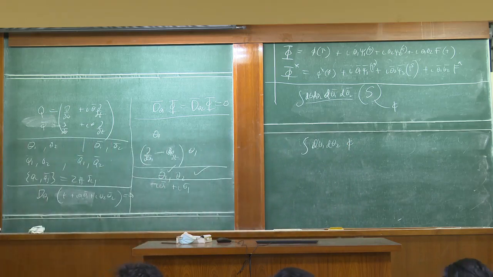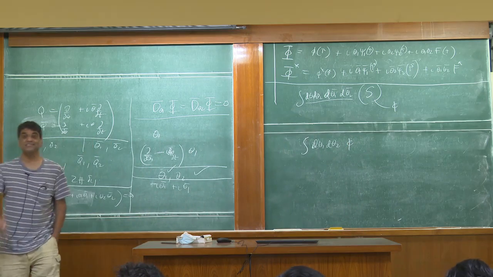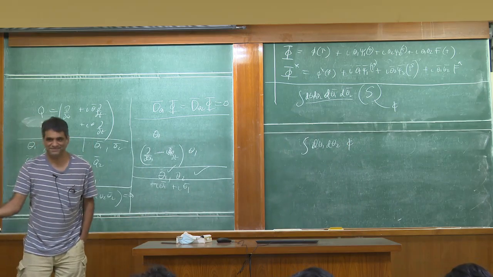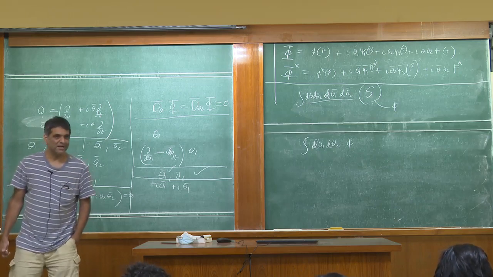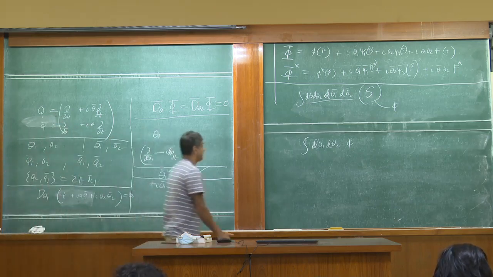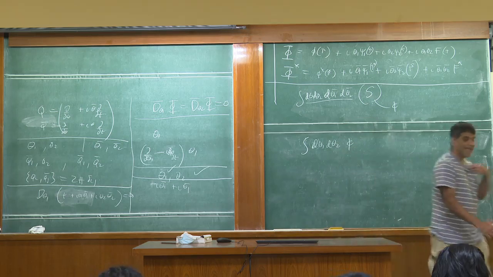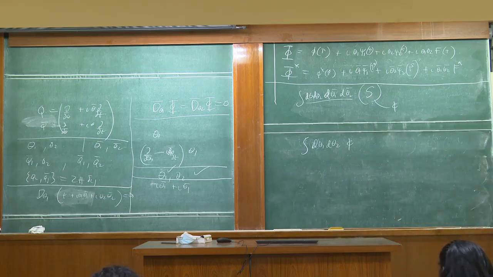This in general is non-zero and continues to be supersymmetric, as I will now argue for you. Okay? Now you see, had phi not been a chiral superfield, this quantity you could still write down, but it would not in general give you a supersymmetric Lagrangian.